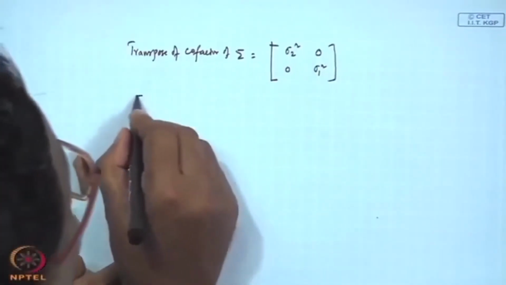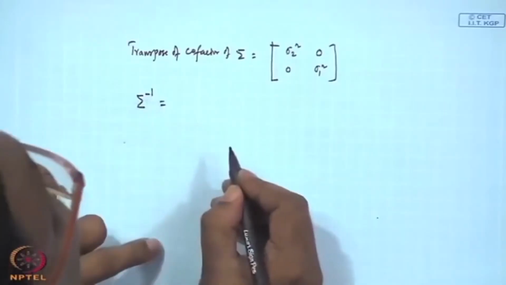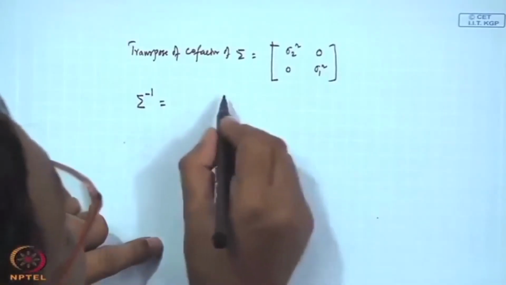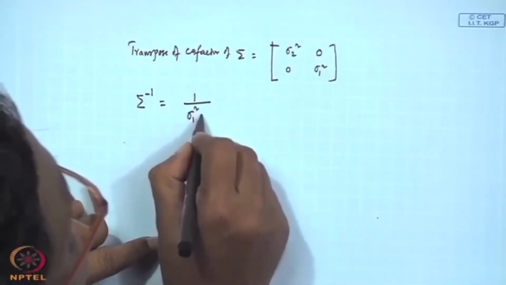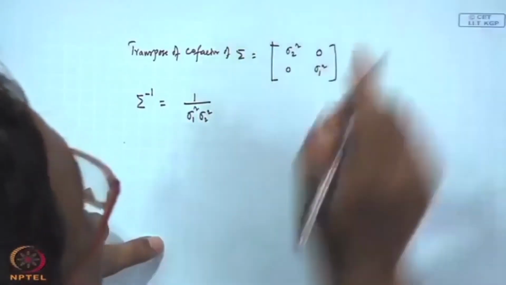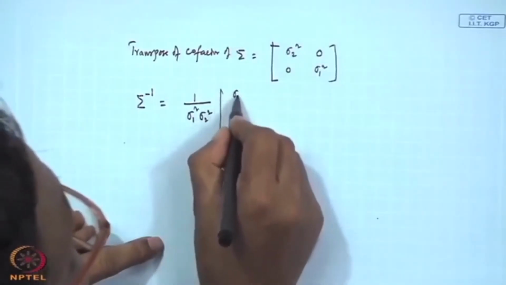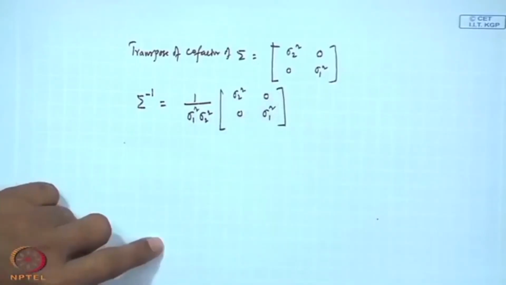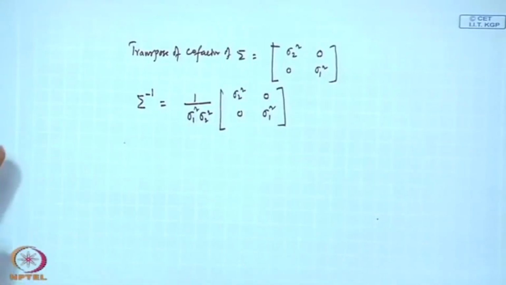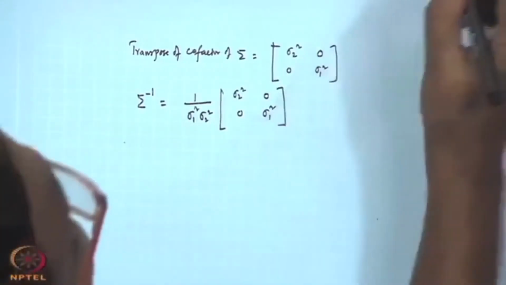Then what is my inverse? The inverse is 1 by the determinant, which you write down first, sigma 1 square sigma 2 square, times the matrix sigma 2 square, 0, 0, sigma 1 square. Okay.